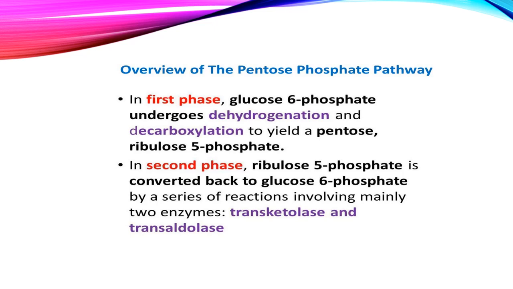You have to remember these names, transketolase enzyme and transaldolase enzyme, which we will be talking about in detail in the coming class. Okay, hope you're clear with the difference between the two phases, the oxidative phase and the non-oxidative phase of the pentose phosphate pathway.